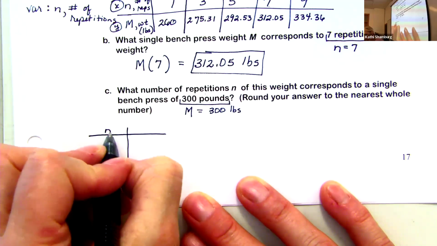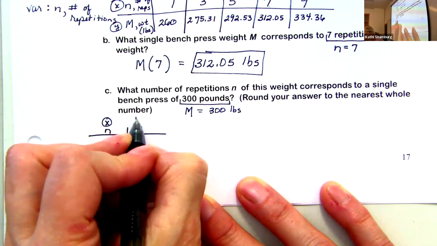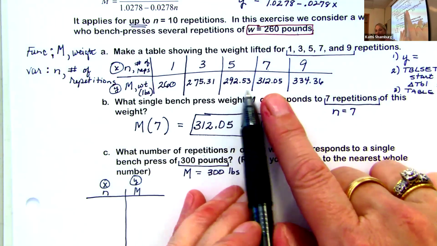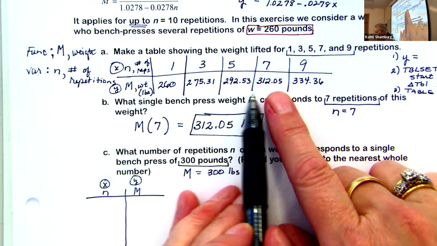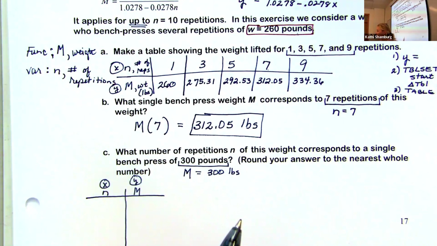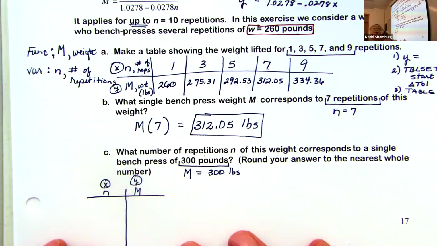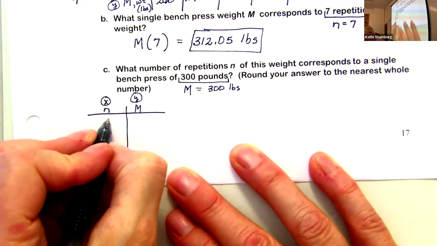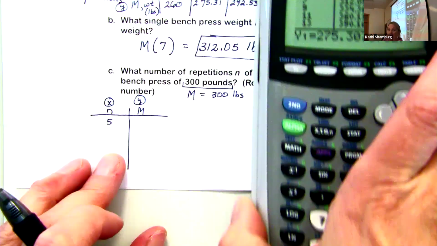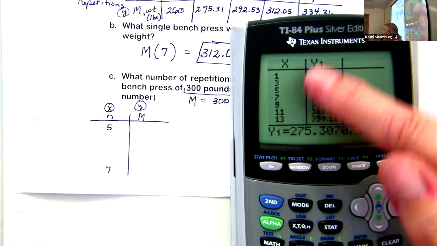This is N, this is M. And I see 292 and I see 312, but I don't see 300. So I'm going to try to find something closer to 300. We know it's between 5 and 7. So what am I going to do on my calculator to narrow my search?